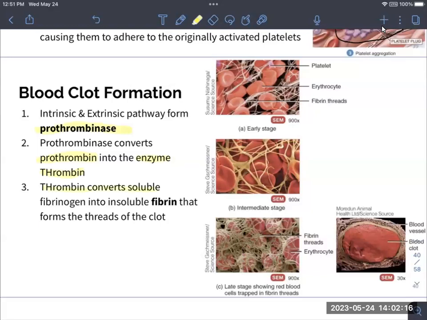Thrombin takes fibrinogen and converts it to fibrin. And that's all these little threads, these little strings that we see through here. That's that fibrin. These fibrin and these red blood cells are sticking together to help block or form a clot to plug up that blood vessel.